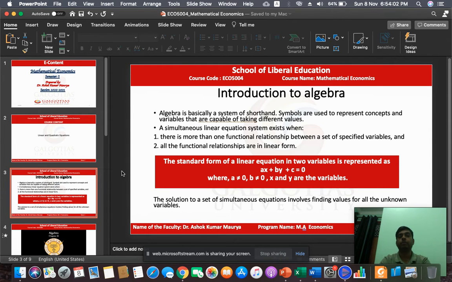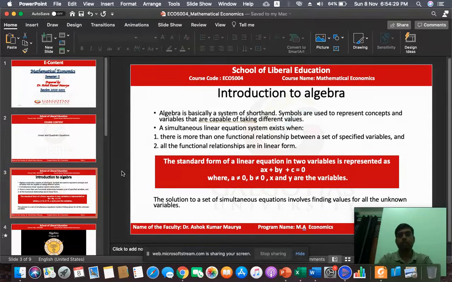Here we will find the values of some unknown variables with the help of two or more equations. In simple terms, we normally say that equations represent the relation between two or more variables.